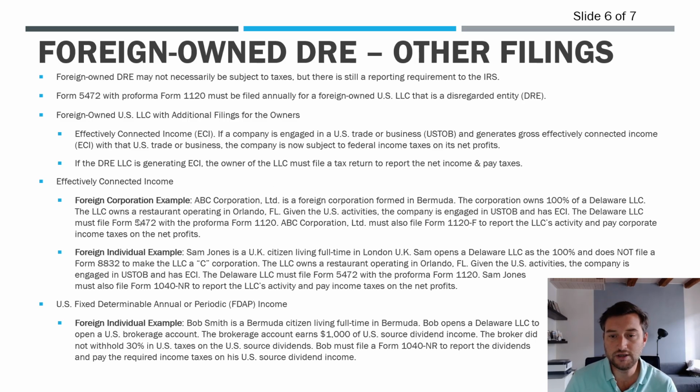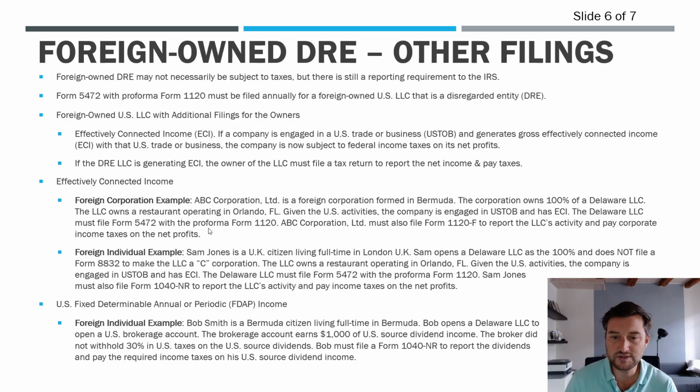The LLC owns and operates a restaurant in Orlando, Florida. And so given those U.S. activities, given the physical presence of the restaurant, the U.S.-based employees, customers, it determines that these activities in the U.S. create a U.S. trade or business, and we have some ECI.